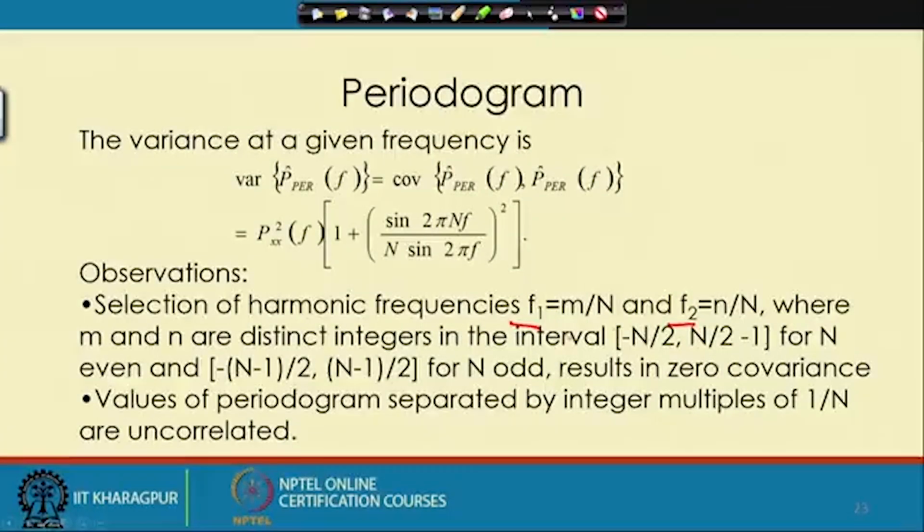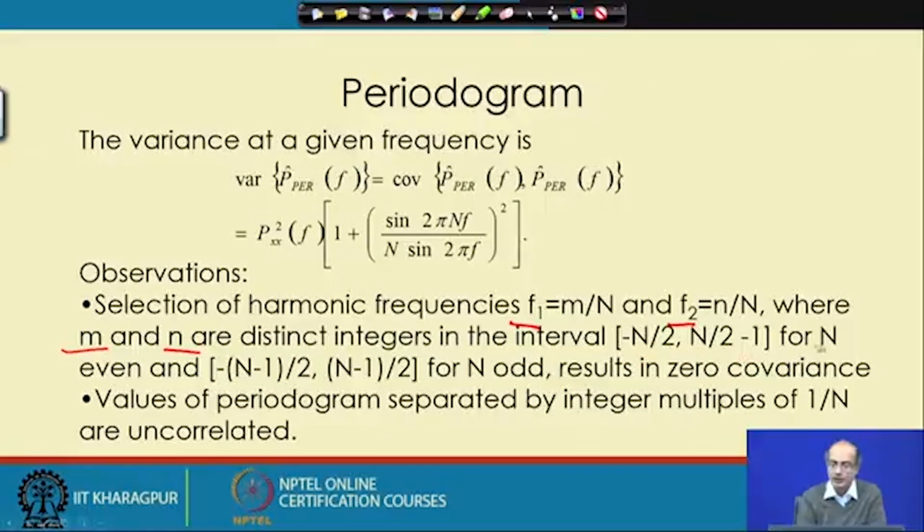Where m and n are distinct integers in the interval minus N by 2 to N by 2 minus 1 for N even, and minus (N minus 1) by 2 to (N minus 1) by 2 for odd values, and it results in 0 covariance.